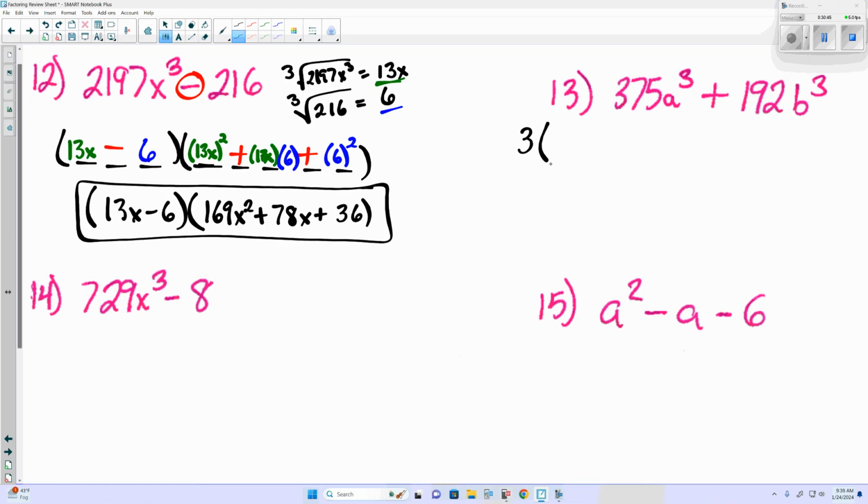So we need to factor 3 out. And if we divide 375 by 3, we have 125a cubed, guys. Let's focus in here. And if we divide 192 by 3, we have 64b cubed.